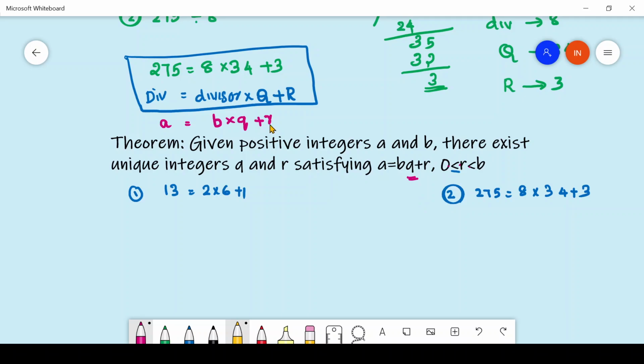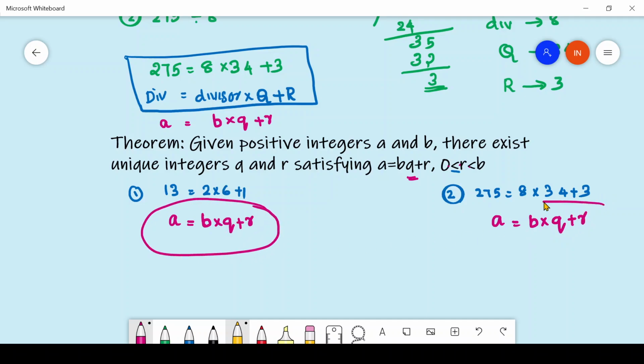You can see all of these are greater than 0 here. So this is the condition. Here you can say a is equal to b multiplied with q plus r. Here also you can say a is equal to b multiplied with q plus r. So this is Euclid's division lemma.